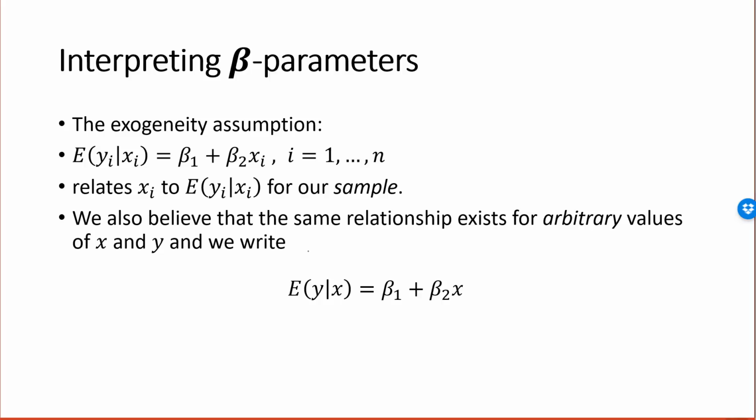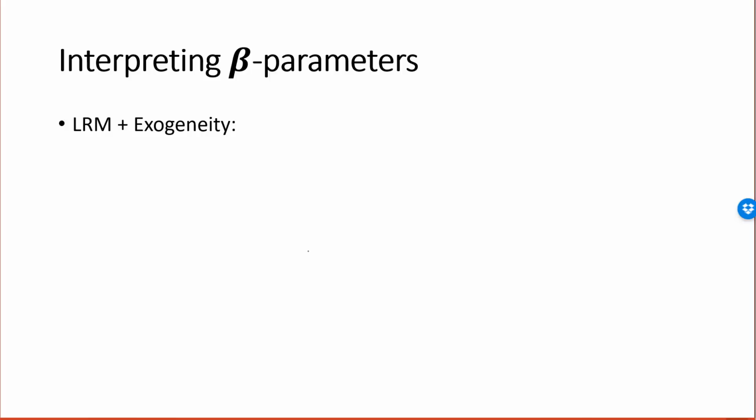Well, as you know, for the linear function on the right hand side, beta 2 is the slope. So we can always interpret beta 2 as a derivative. If I differentiate the left hand side with respect to x, the result will be precisely beta 2. And that is the interpretation that we will have for beta 2.